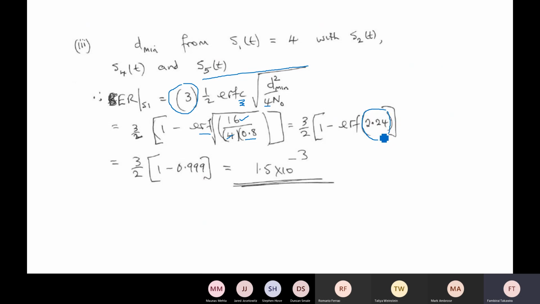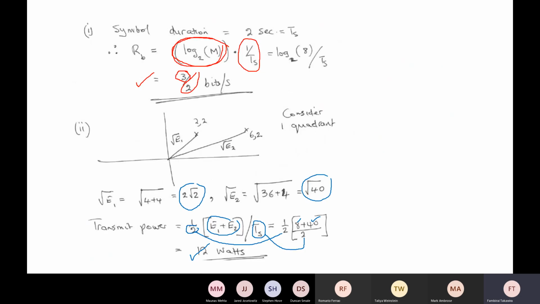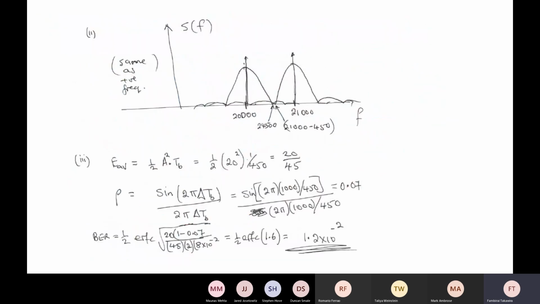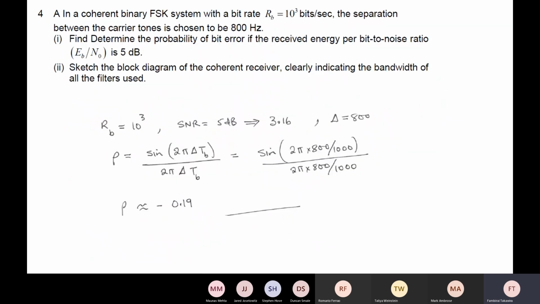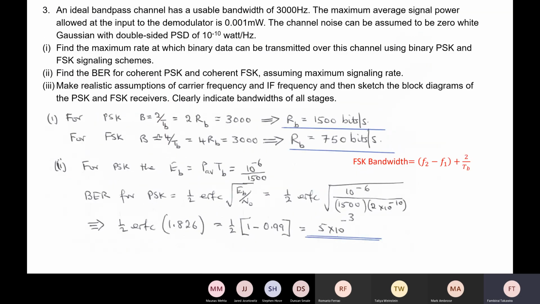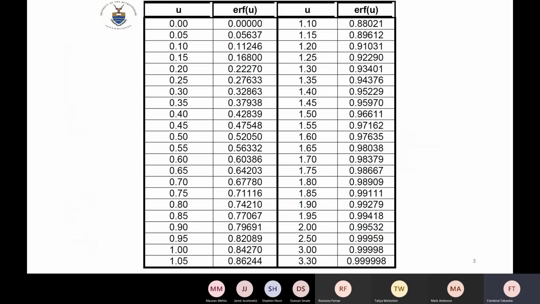And then we simply look up 2.24 on the error function tables. If we go back to our error function tables, so we want 2.24. 2.24 is halfway between 2 and 2.5, so it is somewhere within here.